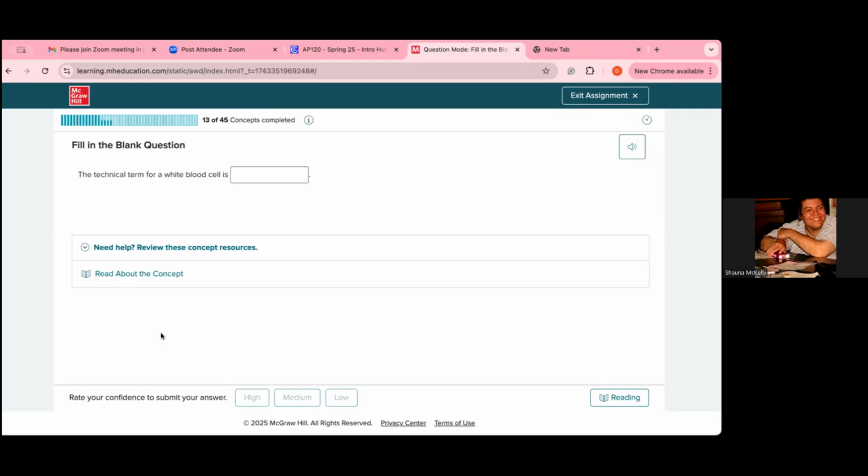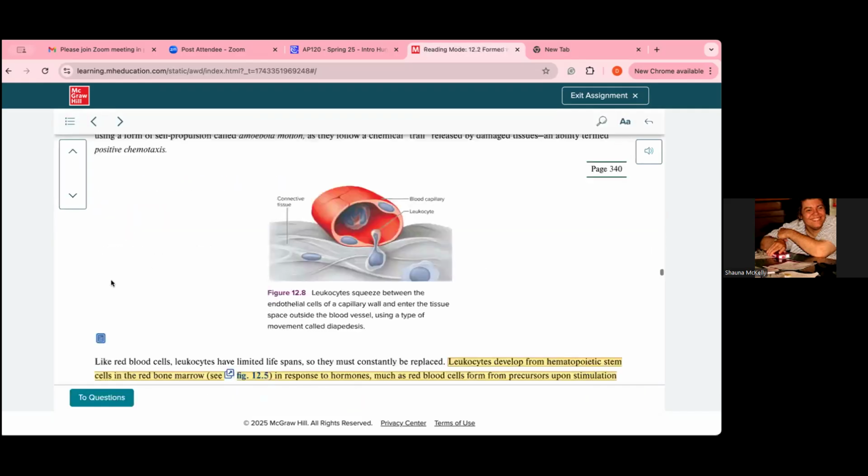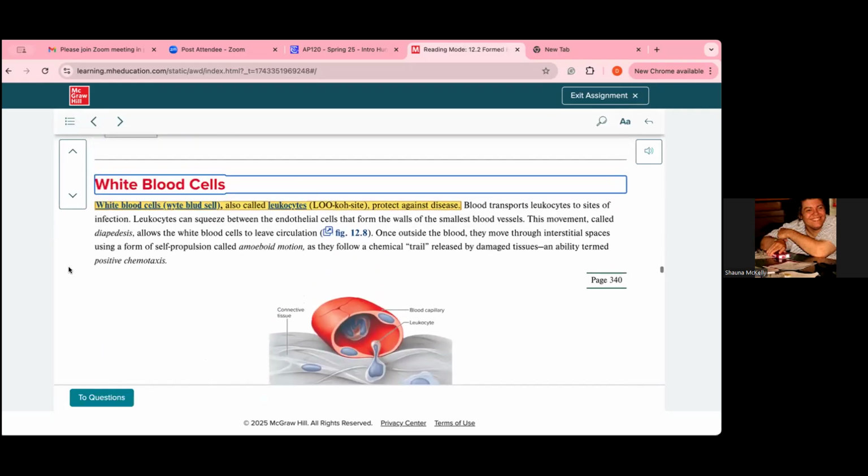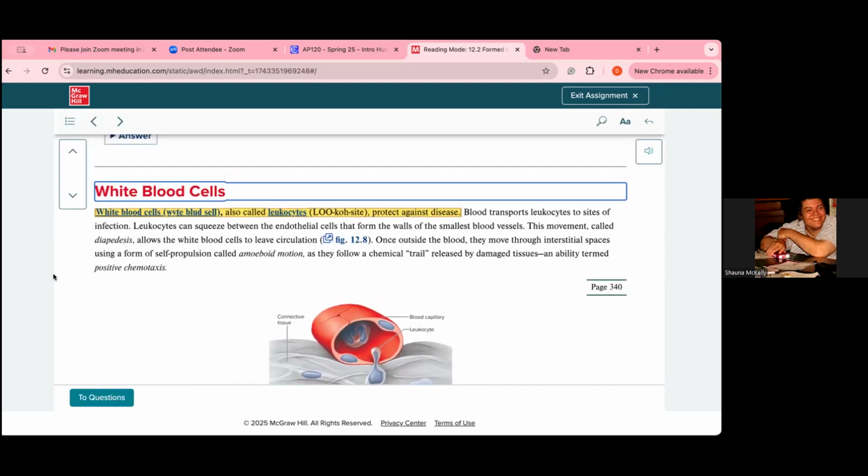Now, the technical term for a white blood cell is, but then we haven't read about the white blood cell yet. They were coming up next. But we have to go and look at the white ones. But it's there for you.